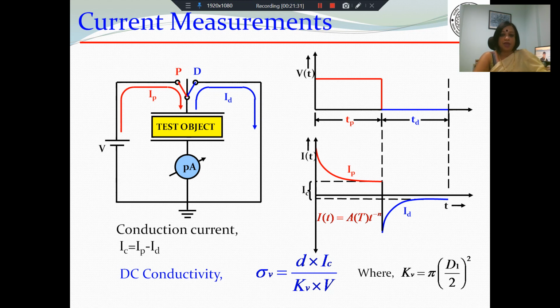When you use these time domain measurements of the polarization and depolarization currents, you can obtain the different polarization mechanisms and the permittivity due to each particular polarization mechanism, because whenever you have polarization, that will reflect in permittivity. So it is possible to use the polarization and depolarization currents to calculate the permittivity of the material due to the different polarization mechanisms.